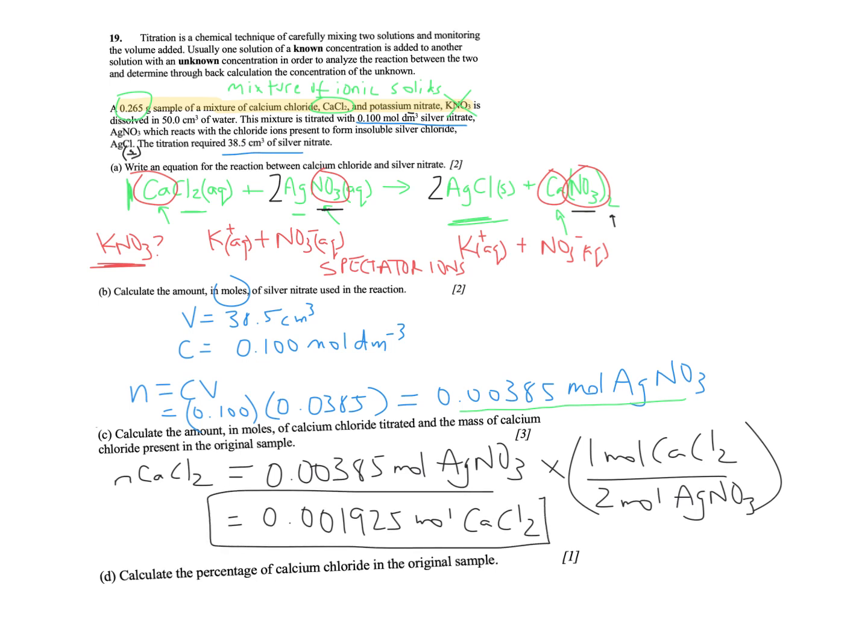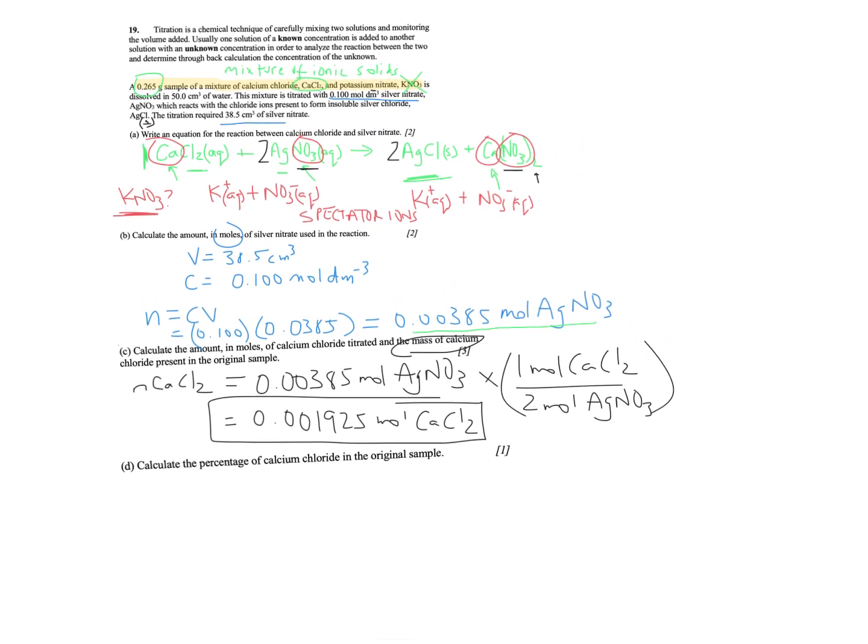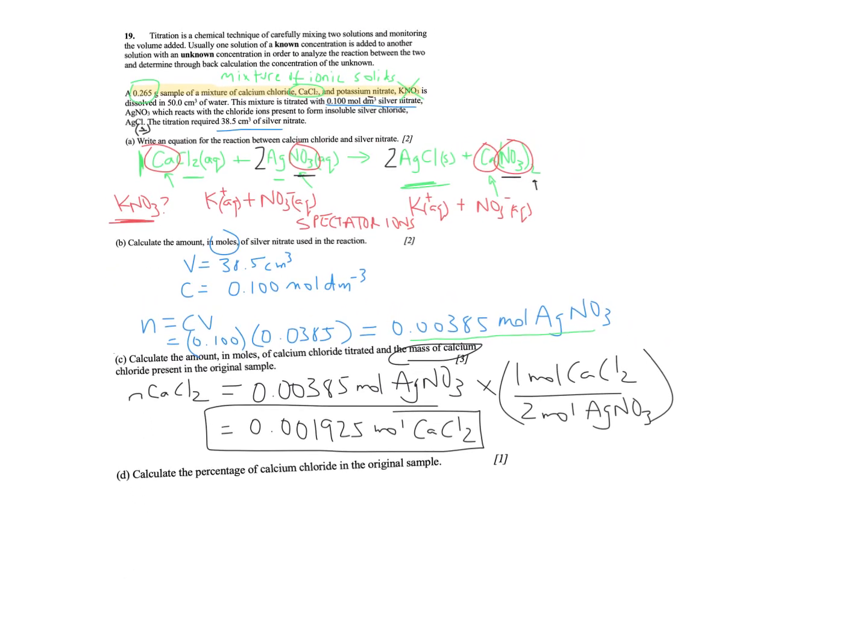Okay, now it says also the mass of calcium chloride. So now we just have to convert that into mass, okay? Let's see here, could I just slide this whole thing up to do that? Yeah. Okay. So now let's figure out the mass.